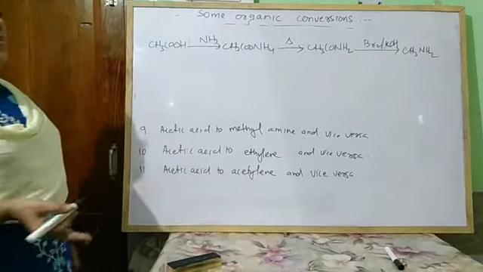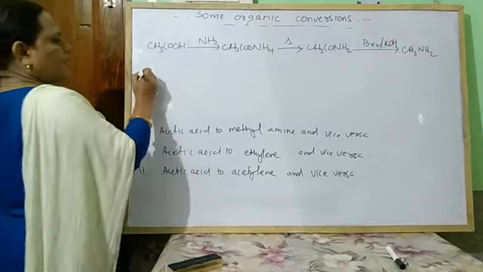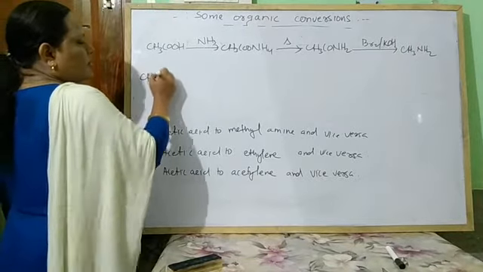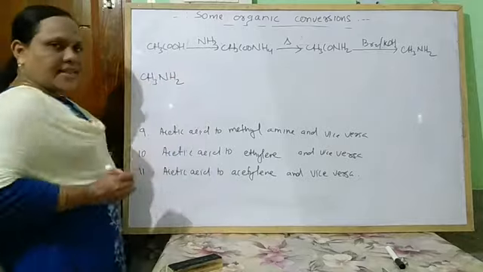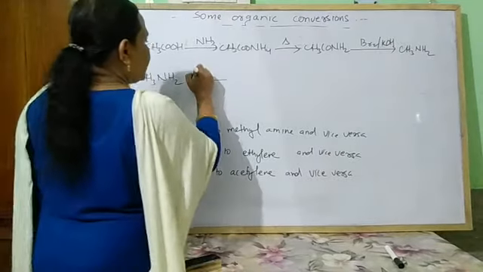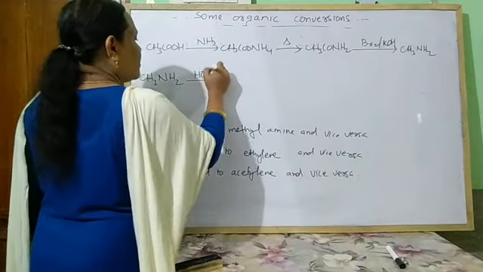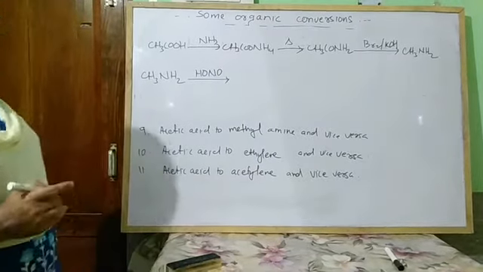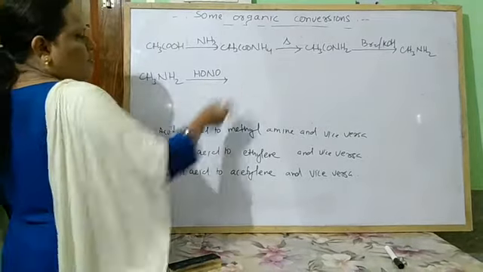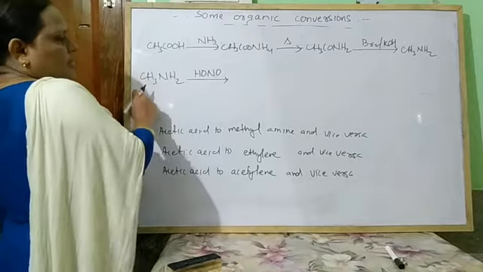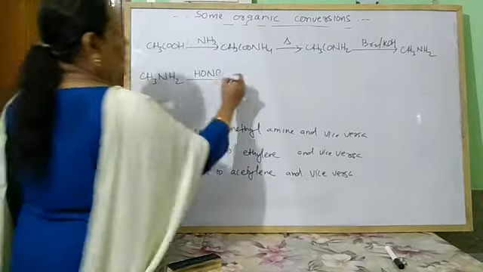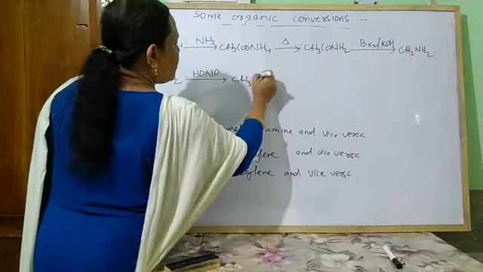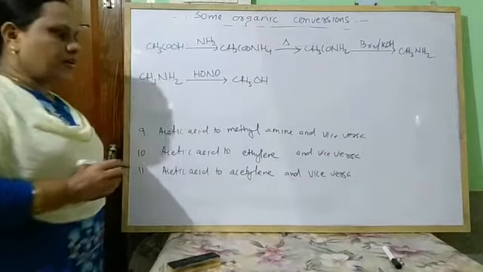Next, methylamine to acetic acid. Methylamine is treated with nitrous acid. In most reactions, alkyl halide is the intermediate, so in this way you have to convert into alkyl halide. Methylamine with nitrous acid gives methyl alcohol.